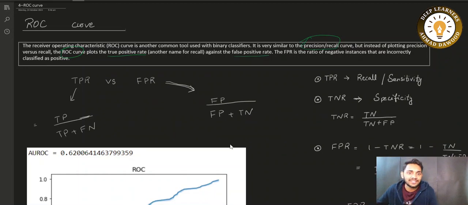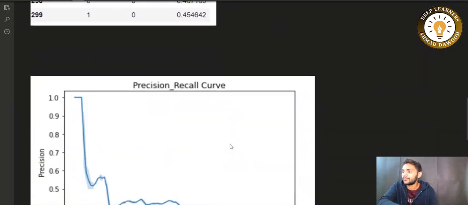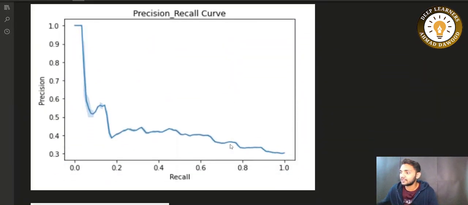In the last session we saw the precision-recall curve, where on the x-axis we had recall and on the y-axis we had precision.